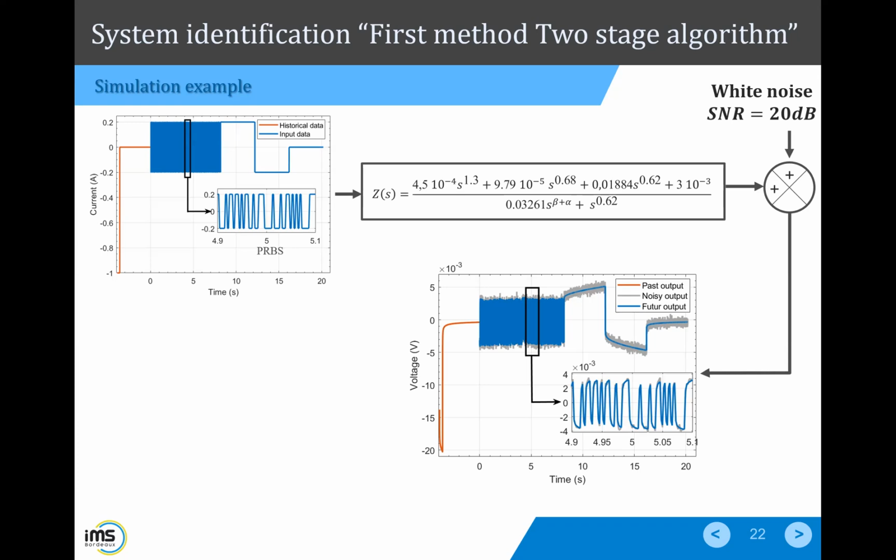After the output of this model, we added a white noise signal with an SNR of 20 decibels. The results we obtained are shown in the second graphic.